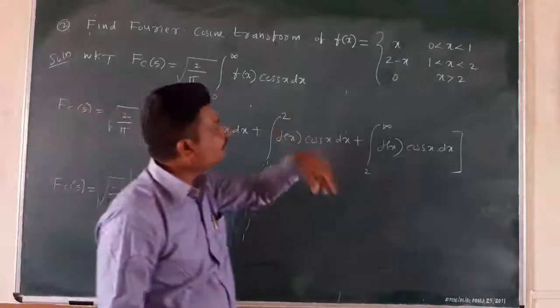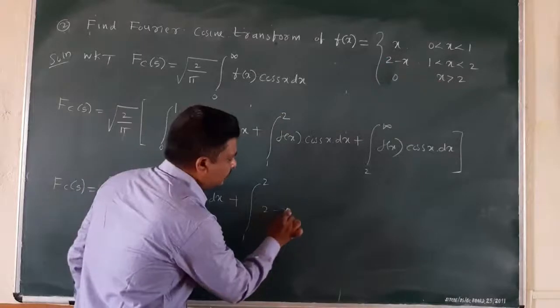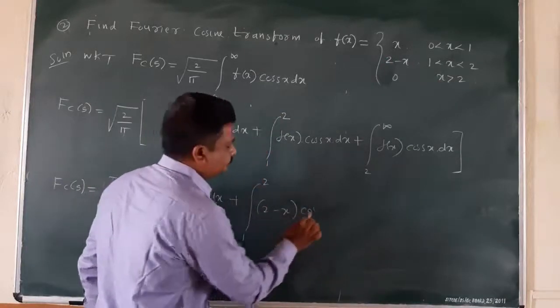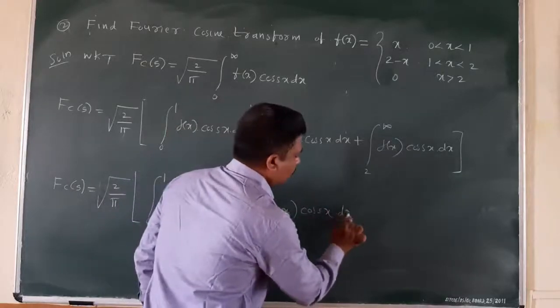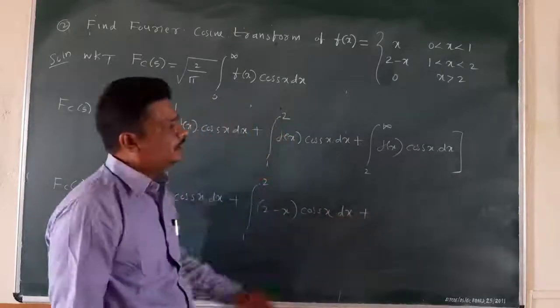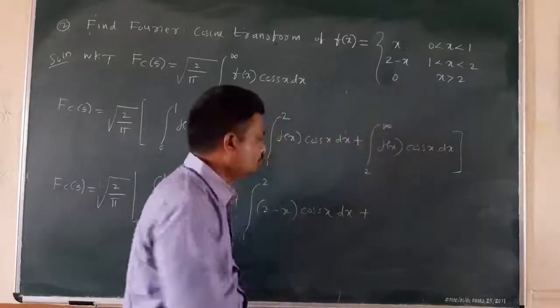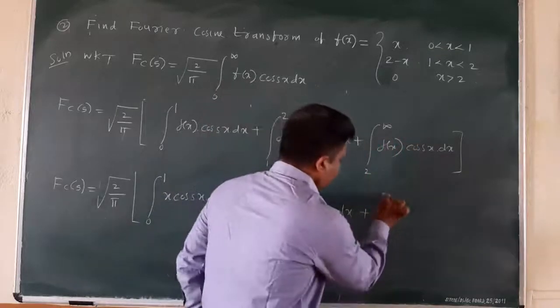In between 1 and 2, the function is defined as 2 minus x, 2 minus x into cos sx dx, plus in between 2 to infinity, the function is 0. If I put 0, 0 into any number becomes 0.